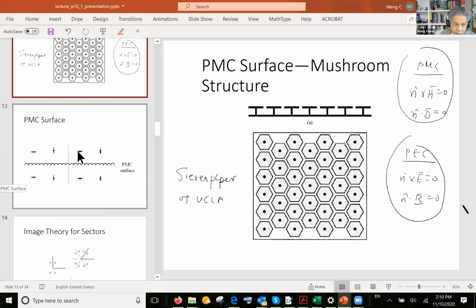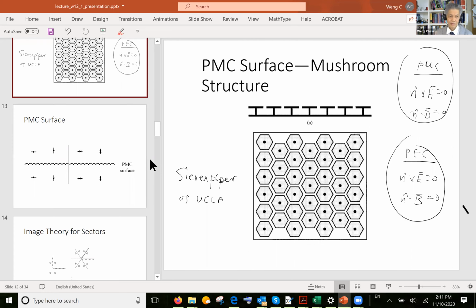So if you have magnetic dipoles on top of the PMC, it would be very similar to the vertical electric dipoles and horizontal electric dipoles on top of a PEC surface. You can see that this is just a dual of the electric dipoles on top of a PEC surface. You can also see that this is just a dual of the magnetic dipole on top of the PEC surface.